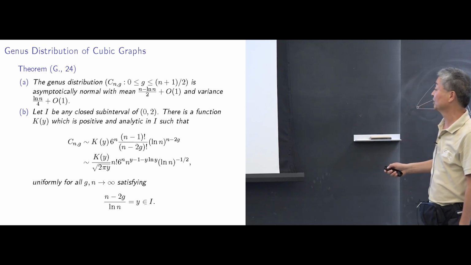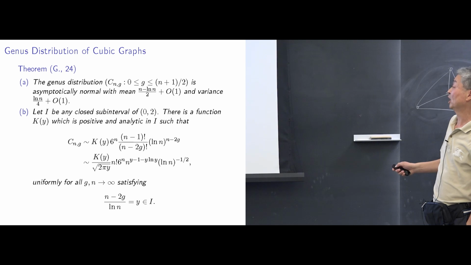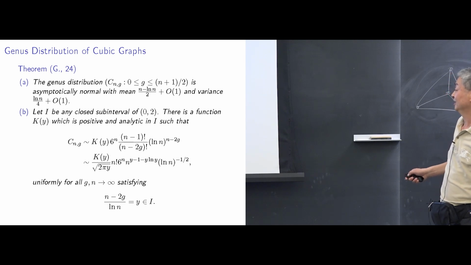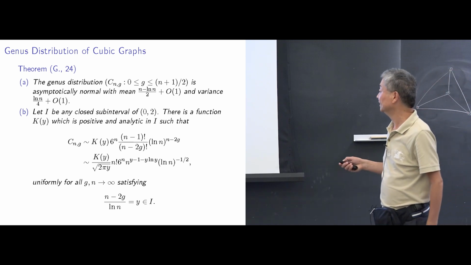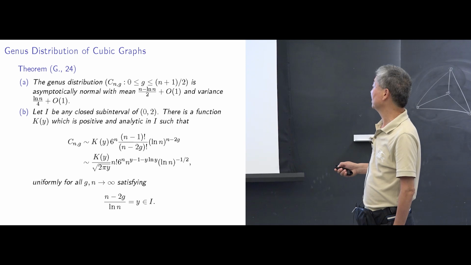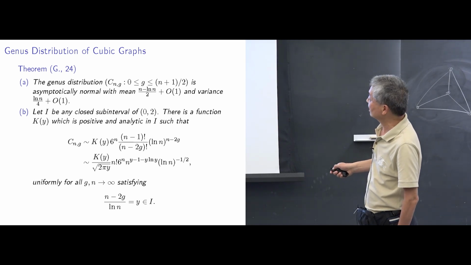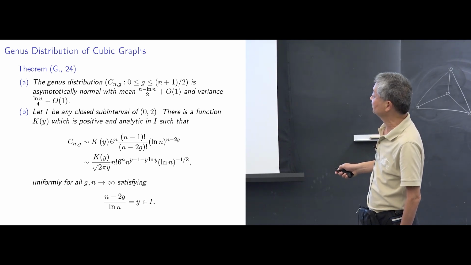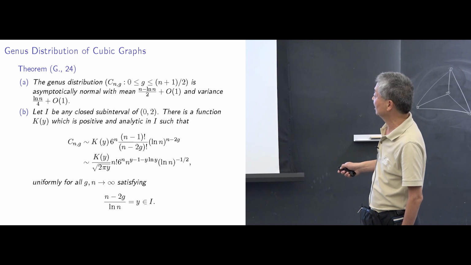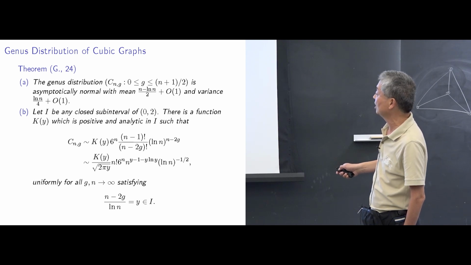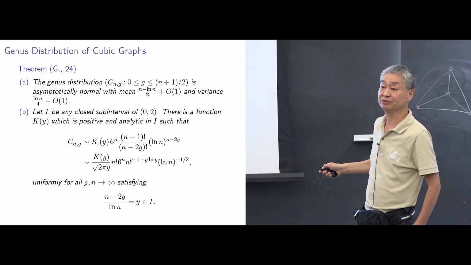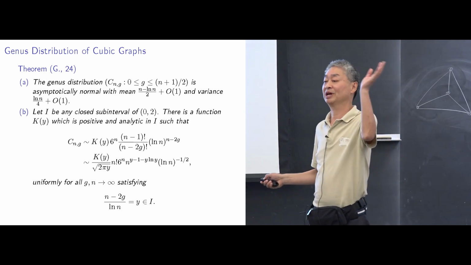And one can also obtain asymptotic results for c sub ng in a certain range. I'll mention this kind of result in general is quite difficult. Usually we can get results for c sub ng for bounded g, when g is a constant, 1, 2, 3, up to 100.